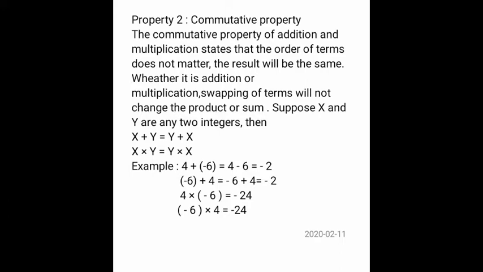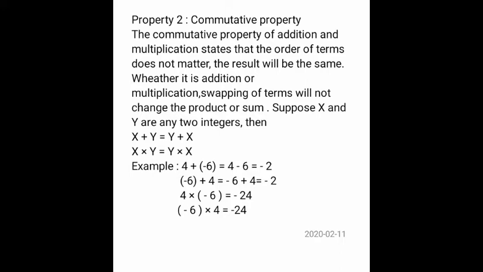Suppose x and y are any two integers, then x plus y equals y plus x. It means in the first case, we add two integers, and in the second case, we add the same integers but interchange the terms, then in the two cases the result will be the same.